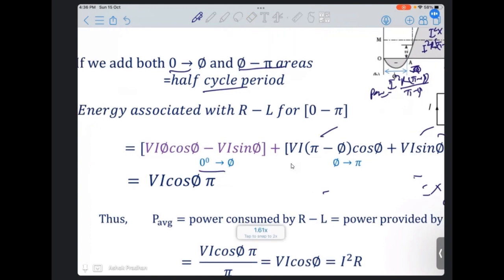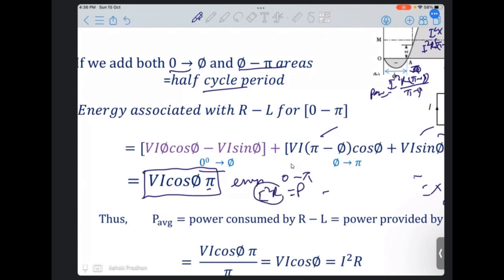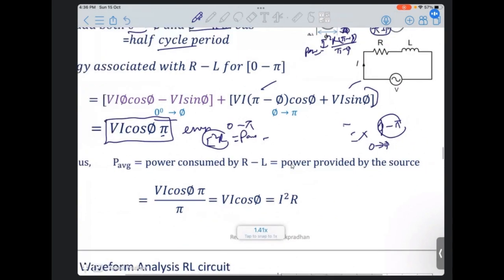So this is the energy over 0 to pi. If we divide by pi, it will be nothing but Vi cos phi. So that is nothing but your I square R. So again this P average is maintained in this case. So that's true. The P average equals I square R, that we see.